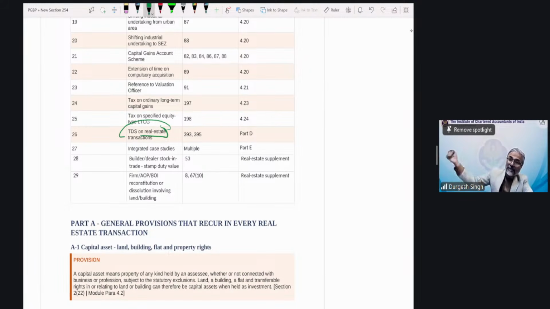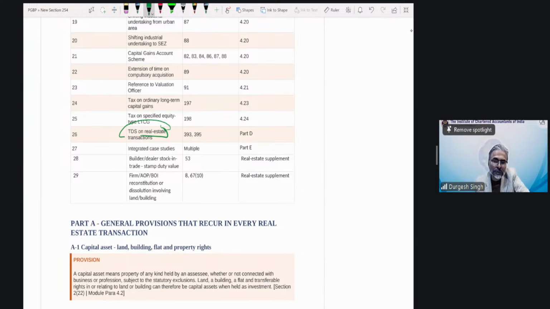Remember the buyer 50 lakhs threshold was there. TDS provision you would have done in your inter CA, when the buyer has to make the payment for the consideration which was 50 lakhs above property, then the buyer is under the obligation to deduct TDS.